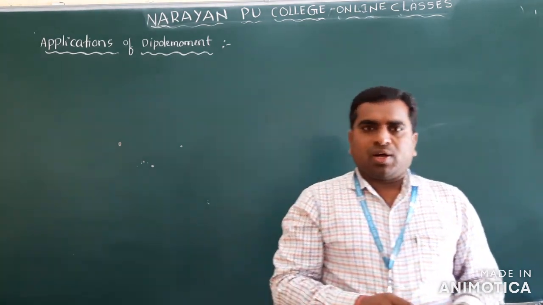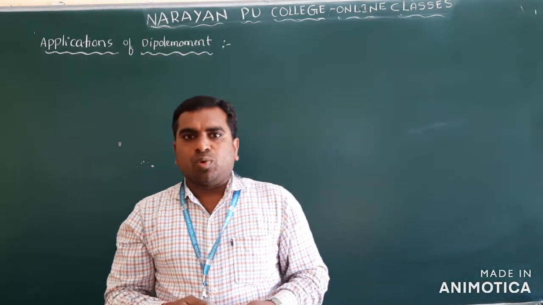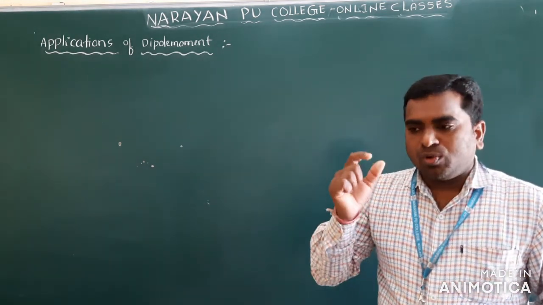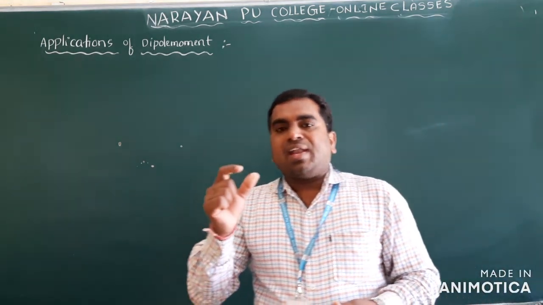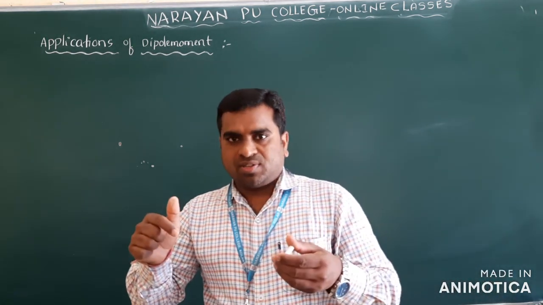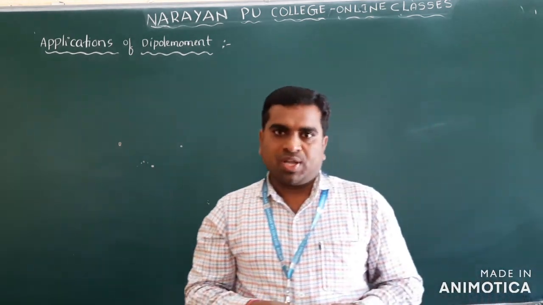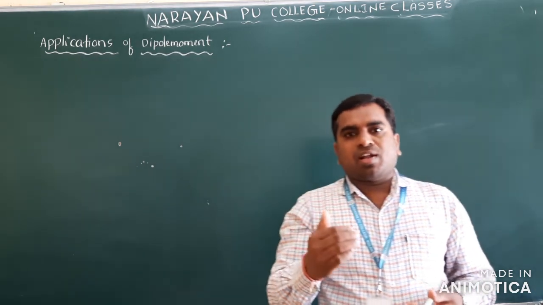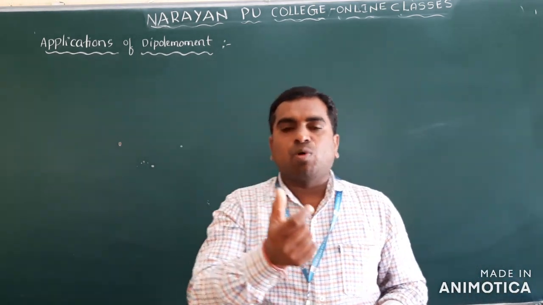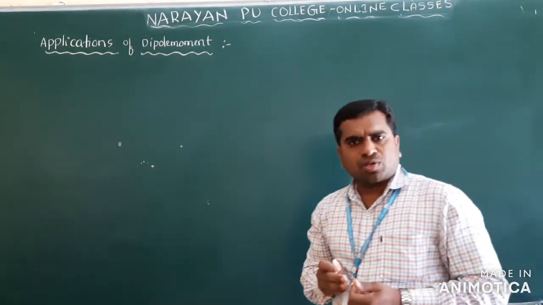But for polyatomic molecules, you should not take the dipole moment of an individual bond. You have to consider the net or resultant dipole moment of the individual bonds, because in a polyatomic molecule there will be more than one bond. I have taken examples also.